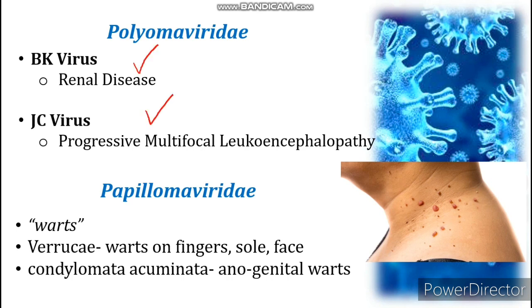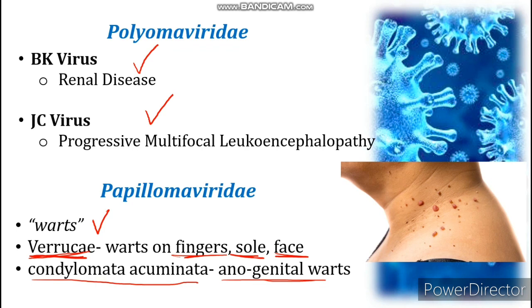For Papillomaviridae, the most common term for this one is warts. And then the Verruca, tawag sa warts is Verruca kapag nakikita siya sa fingers, saka sa sole, sa tarampakan, saka sa face. Ang tawag naman sa warts na nakikita sa genital is the Condylomata acuminata.